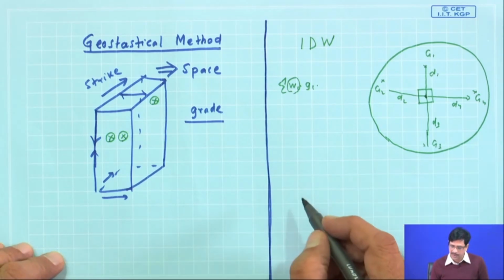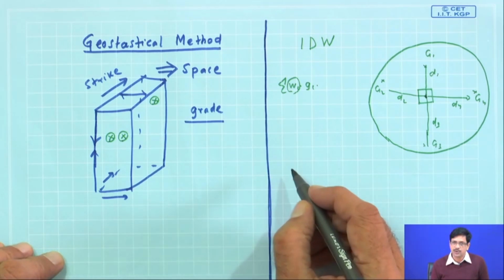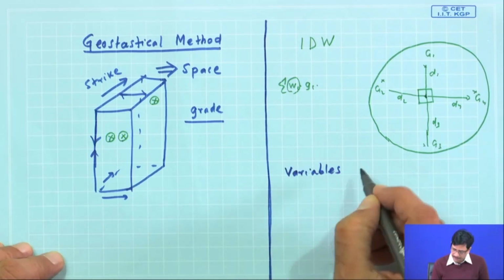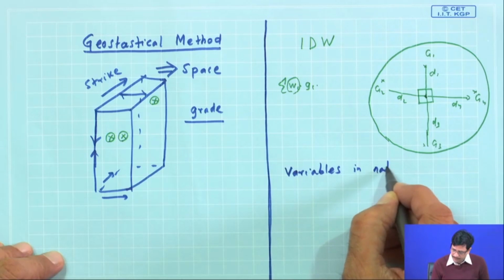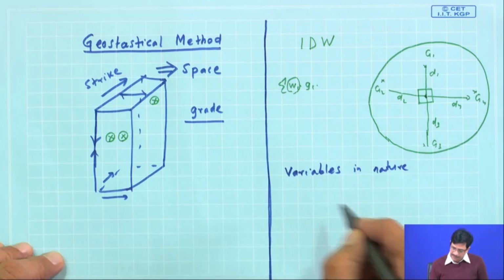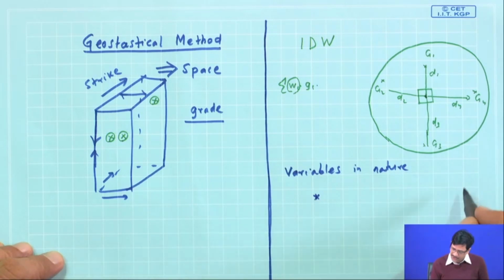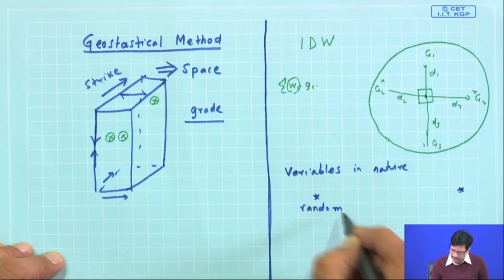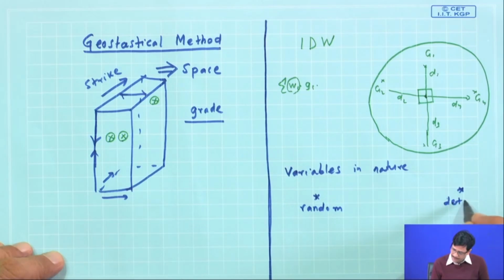So, before we get into all this discussion, let us be reminded of one very basic premise, that whenever we are talking about variables in nature, they generally could be between two extremes. They are either random or deterministic.